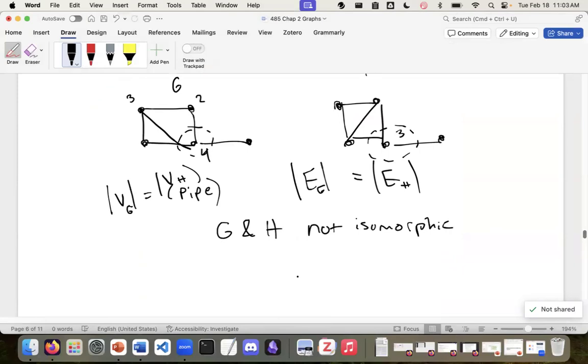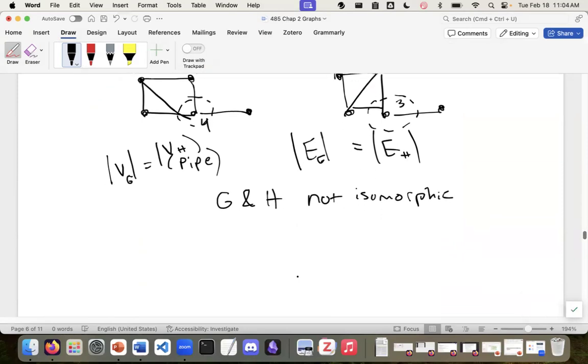Okay, so far we've been looking at what we call labeled graphs, where we've got vertices and we've named them. We can also ditch the labels if we want to.